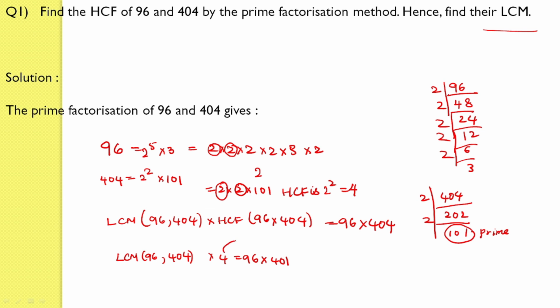Now when you send this 4 to the other side, after transposition, this becomes 96 multiplied by 404 divided by 4. Upon simplification, 96 multiplied by 101, you will get the answer as 9696. So this is how you can apply the formula that LCM of two numbers multiplied by HCF of those numbers is the product of the two numbers that you are considering.